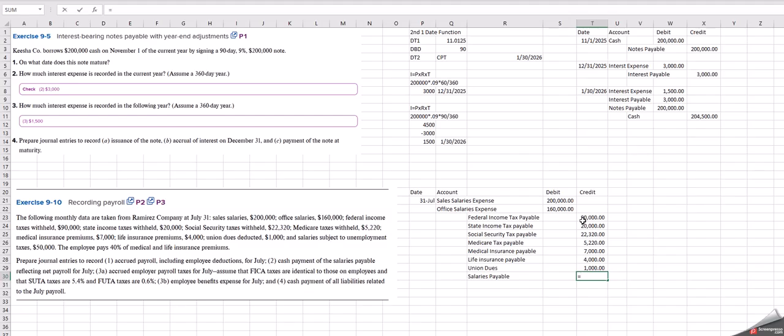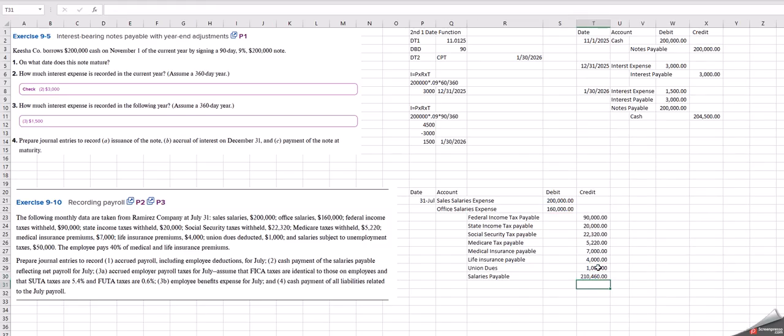So basically, it's going to be our gross wages minus all of those deductions. So $210,460.